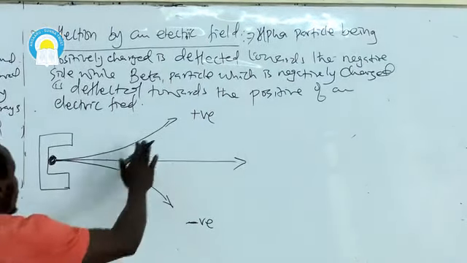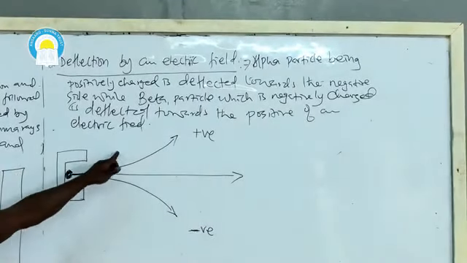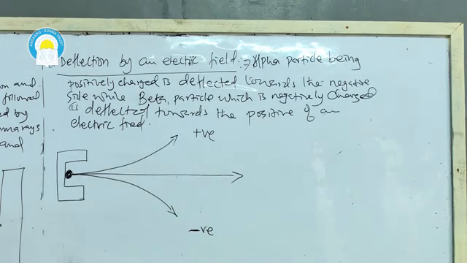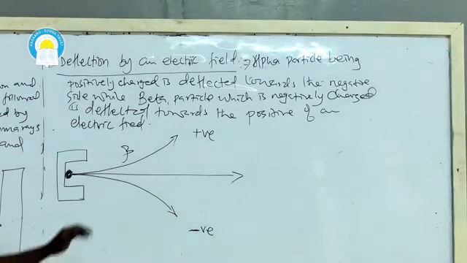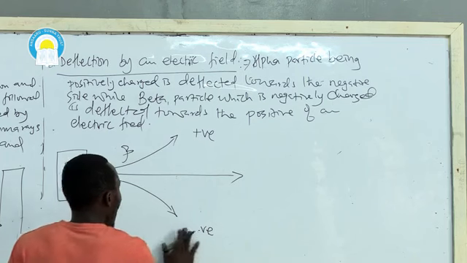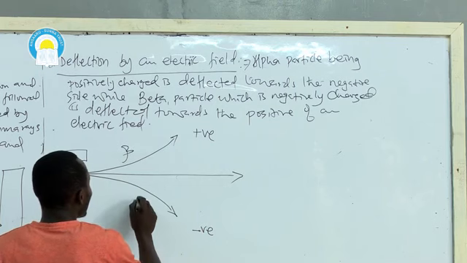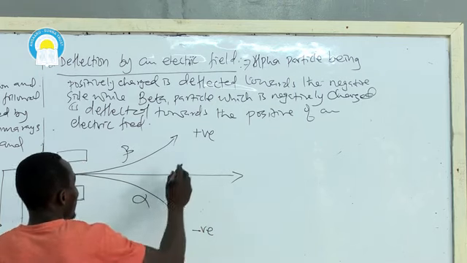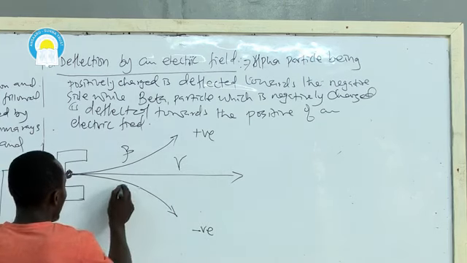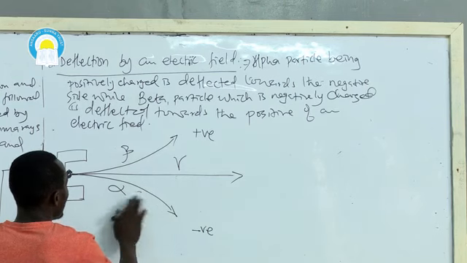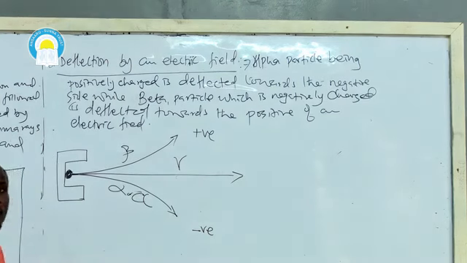The one deflected towards the positive side of the field is the beta particle, since it is negatively charged. The alpha particle, which is positively charged, gets deflected towards the negative side. And the one which travels straight represents the gamma rays. And we have said that an alpha particle can be represented this way or this way. So this is the representation of an alpha particle.